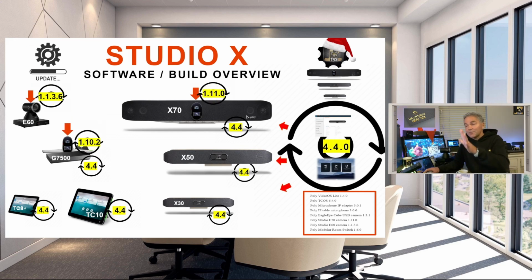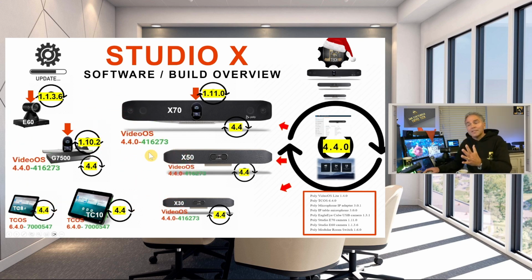So if you, for example, have an X70, it will deliver the 1.1 to the camera, the E70 camera inside. Similarly, if you have an E60 connected over USB to an X70, you're able to upgrade the E60 to 1.1. I think that is really nice. It embeds all those software updates for the camera, so you don't have to upgrade those devices separately.